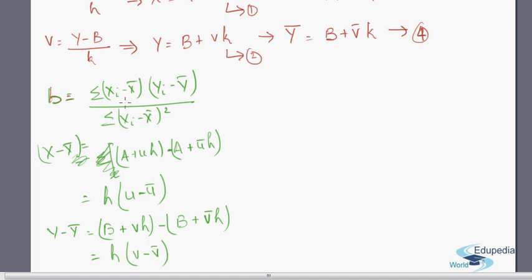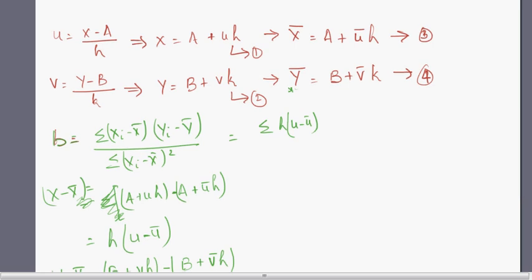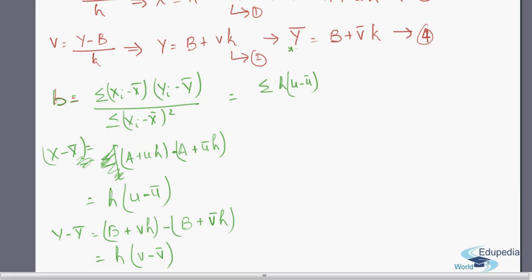So now when we put these two in this formula, we will have summation of h times u minus u bar and k times v minus v bar.